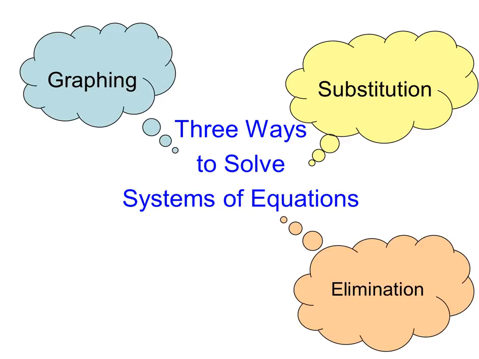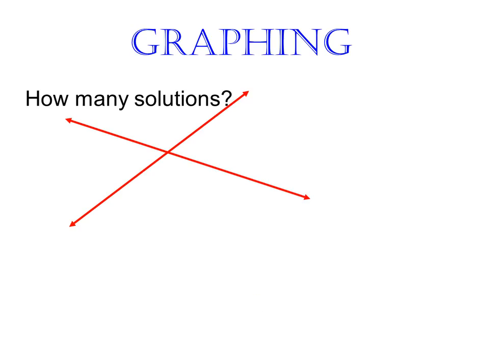Let's look at graphing first because that's always my favorite. What is a graph? A picture of the answers. So right here we have one equation that has this line, and one equation is this line, and together they are a system. Use your common sense.